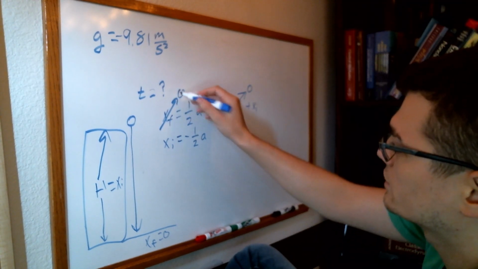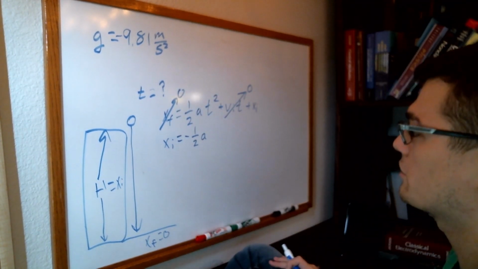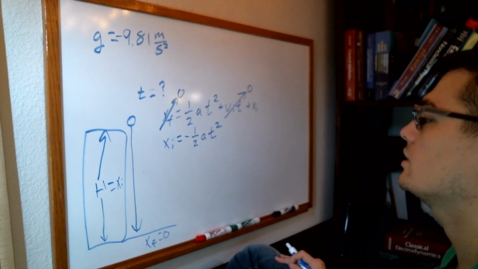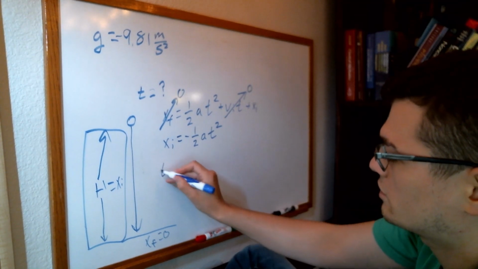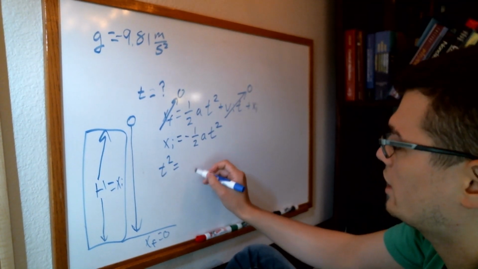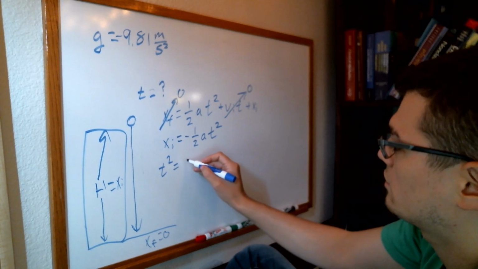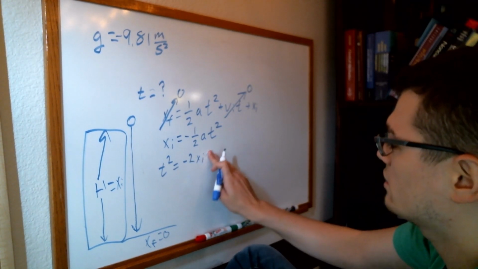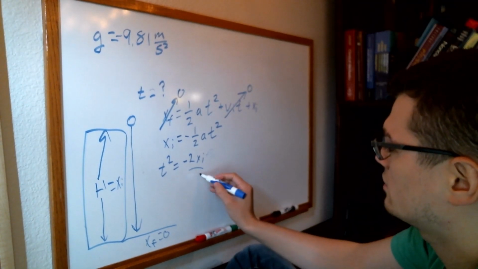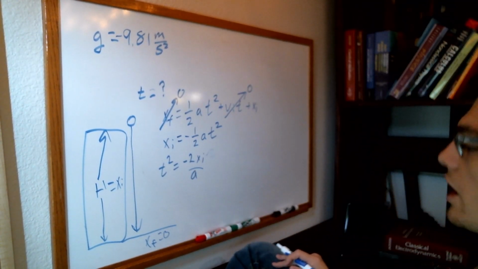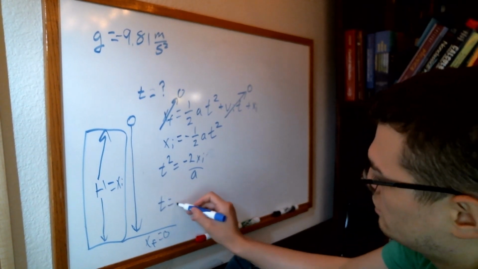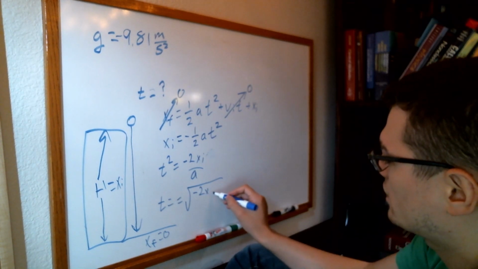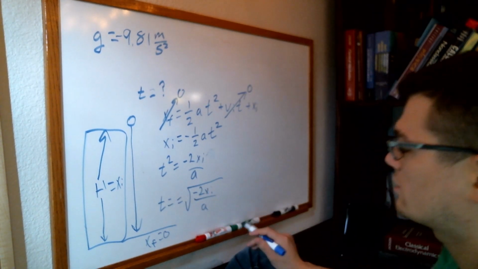Remember, xf is equal to 0 because that's at ground level. And so now, if we solve this equation for t, we're going to have t squared over here, and then negative 2xi over a, so we have to divide by a. And then we'll take the square root of both sides, and we'll get t. So we'll get the square root of negative 2xi over a.